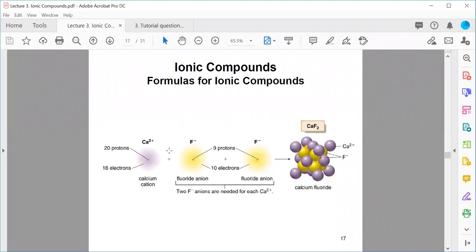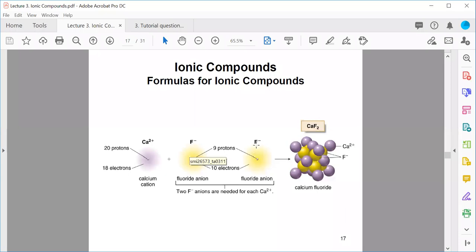Now, balancing is important. Several of your tutorial questions will require you to look very carefully at the charges to enable the correct balancing to occur. All right, calcium cation. Calcium tends to form a 2+ charge. Fluorine, or rather fluoride, when it's charged, forms a single negative charge. So we couldn't take one fluoride and one calcium and expect the charges to be balanced.